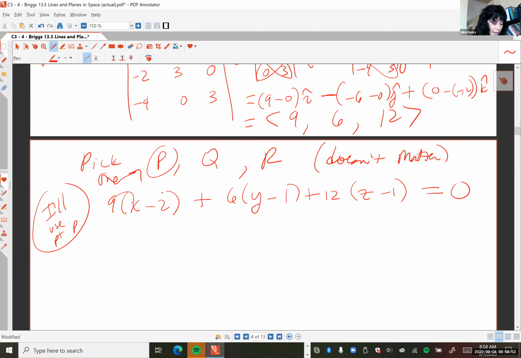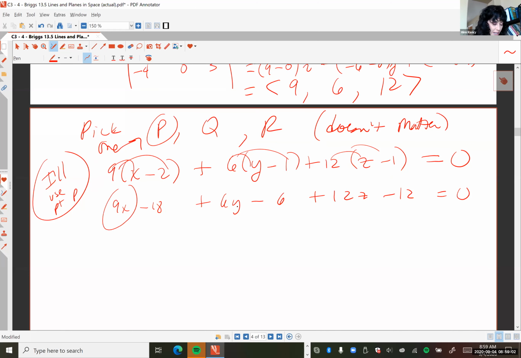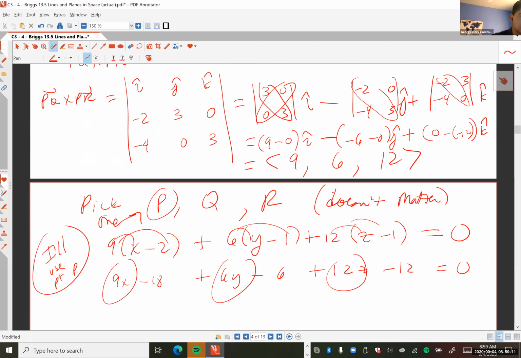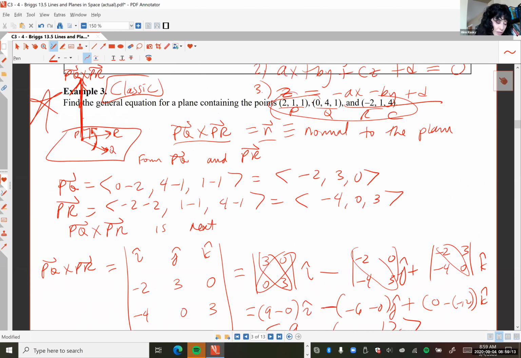Now I'm going to multiply it out. This is just the algebra part. So after distributing and cleaning it up, point P had coordinates 2, 1, 1, am I mistaken? Okay.